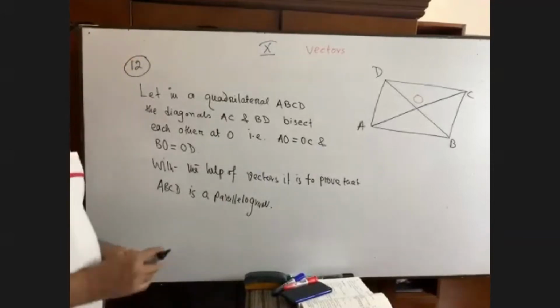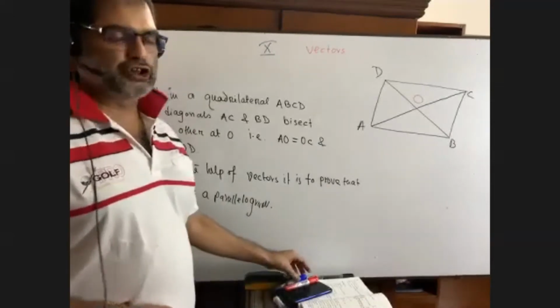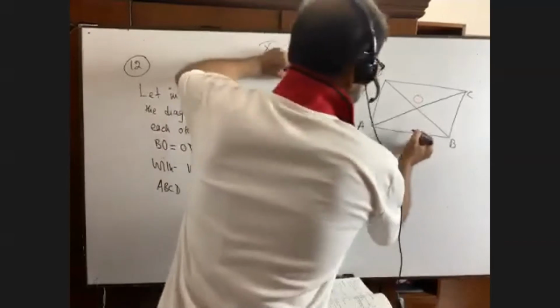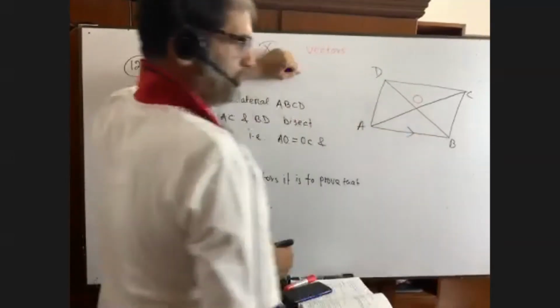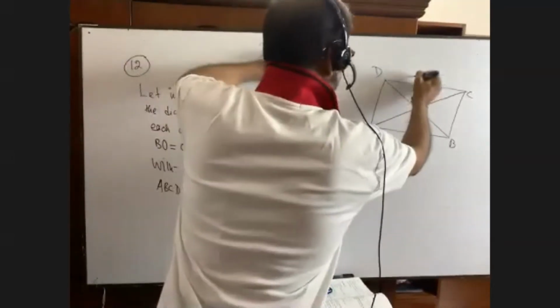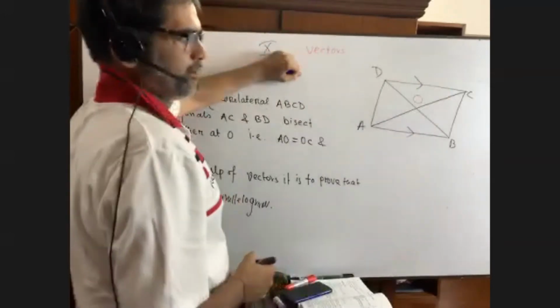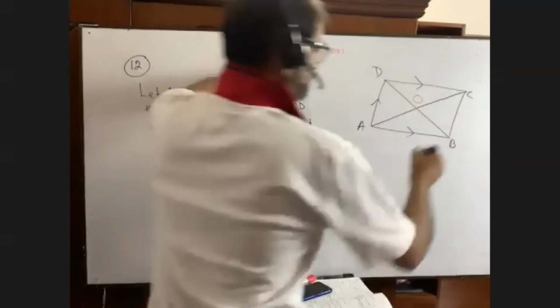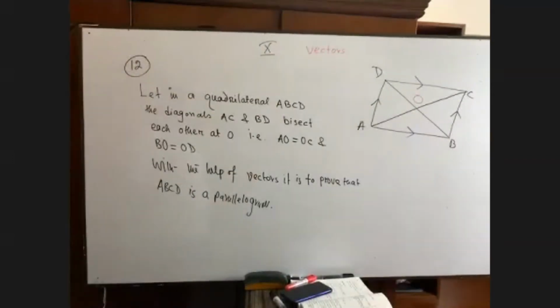Now what is to do? After writing the proposition, we must give the vector sign. You see, A to B, D to C, A to D, along the parallel portion. Now you see diagonals AC and BD.